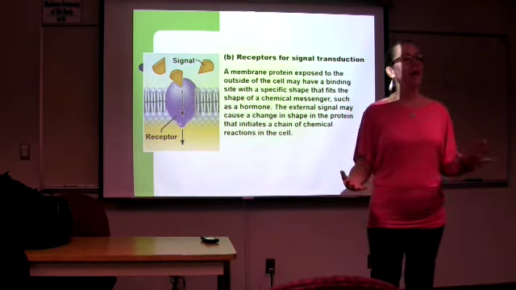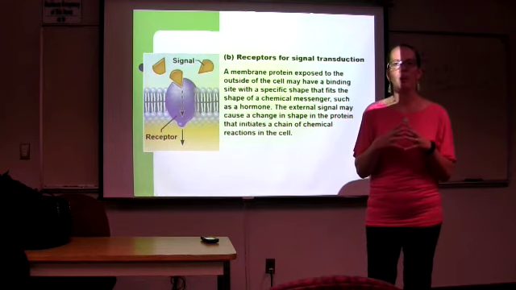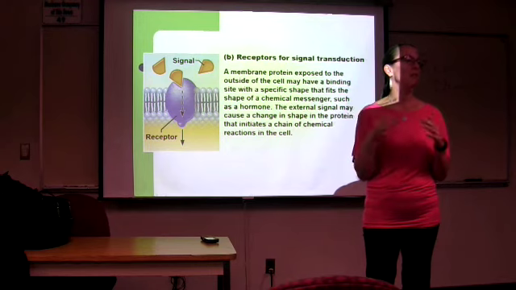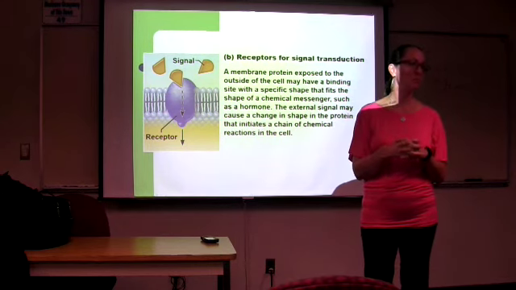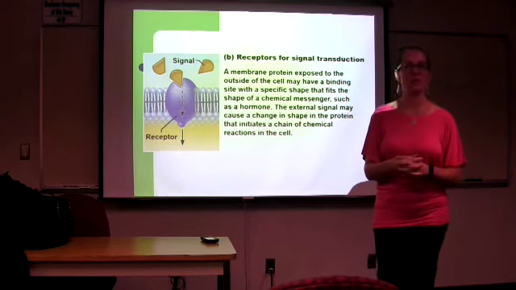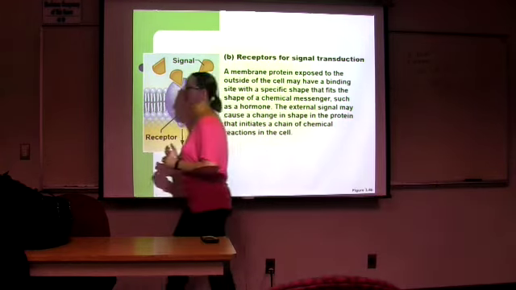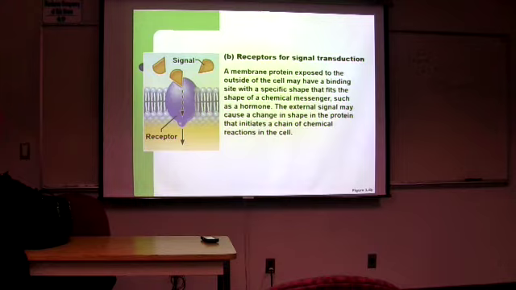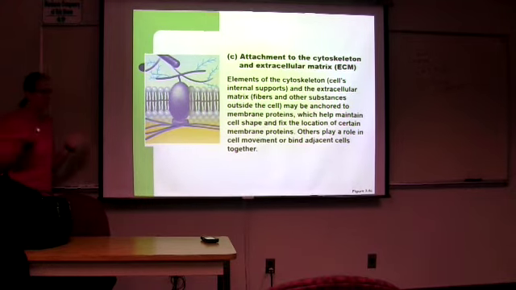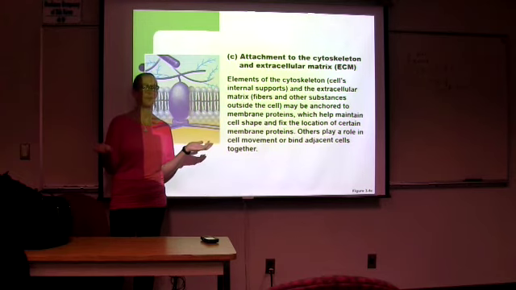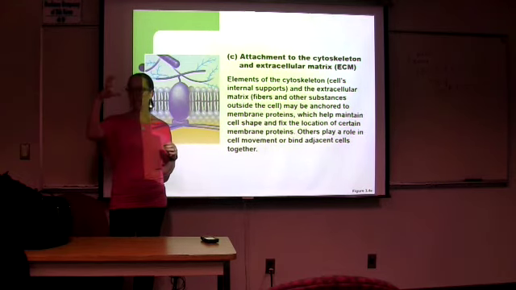Because don't forget, it's very selective on the membrane. It only lets certain things in. We can actually send signals without even sending things in. That will happen through those protein channels as well. Some of them just help to strengthen the cell and the structure of the cell, which makes sense because it just spans the width of the cell membrane itself.